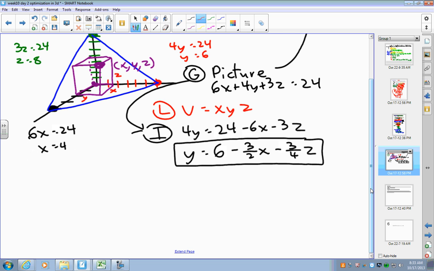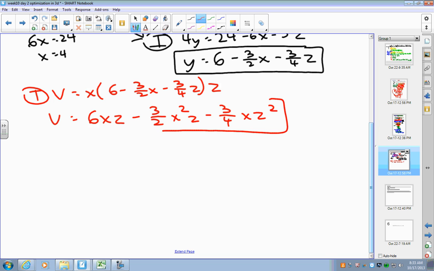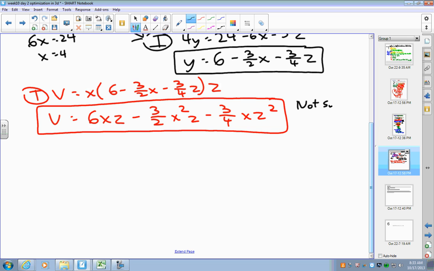Now my t part would be volume is x times (6 minus 3 over 2 x minus 3 over 4 z) times z. Okay. So volume is 6xz minus 3 over 2 x squared z minus 3 over 4 x z squared.